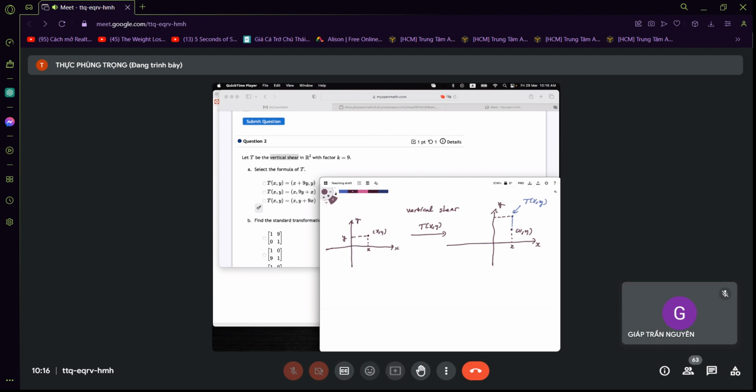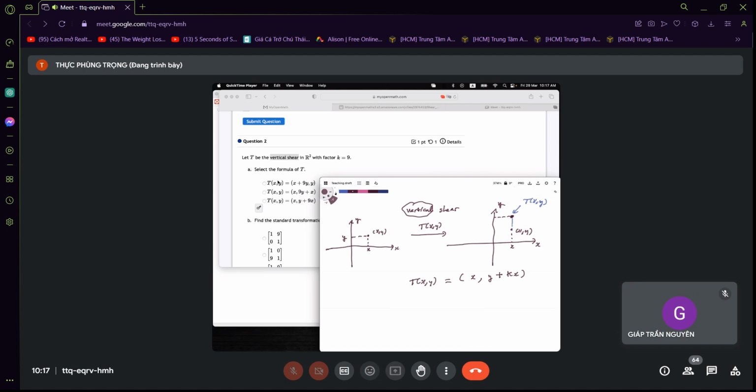So you still have the same s for T of (s, y) because you go up in the vertical direction. So that's why we say vertical, we go up. The s component is the same, you see. But for the y component, we add a factor of the s component. So we have y plus ks.